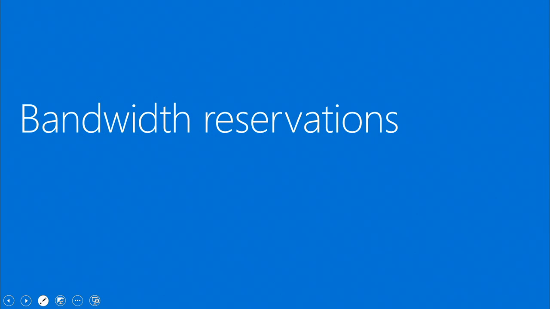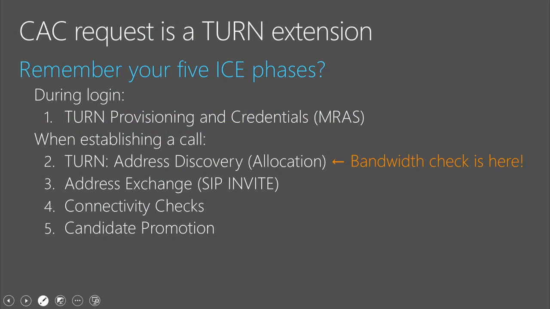All right. So we've defined this network. The whole idea of defining the network is so that we can have these bandwidth reservations and control how much bandwidth the call would use and how many calls total could be on a link. The bandwidth check is done as part of the process of getting candidates for media relay on the edge server. We call this ICE, and you'll find other presentations that discuss how ICE works and how we allocate candidates.